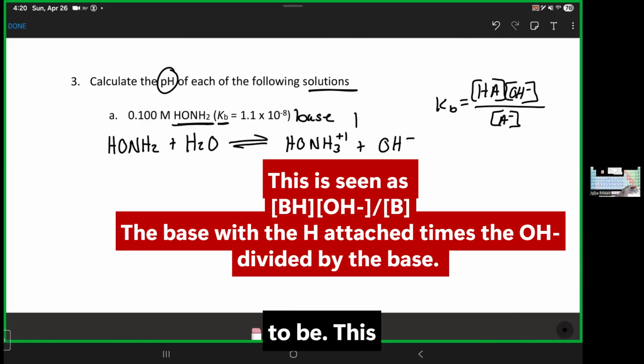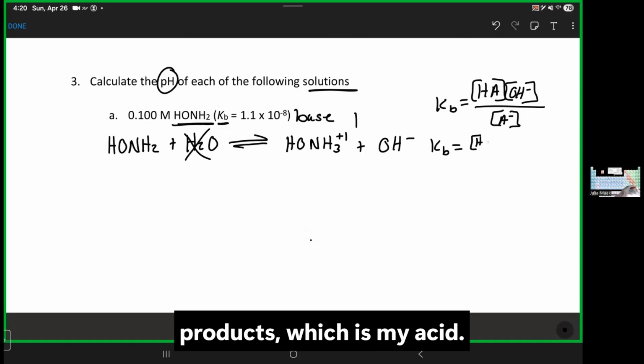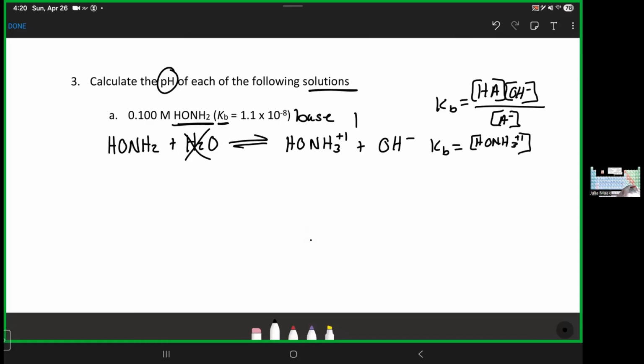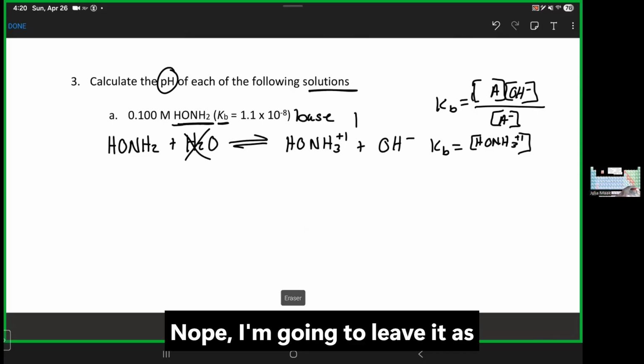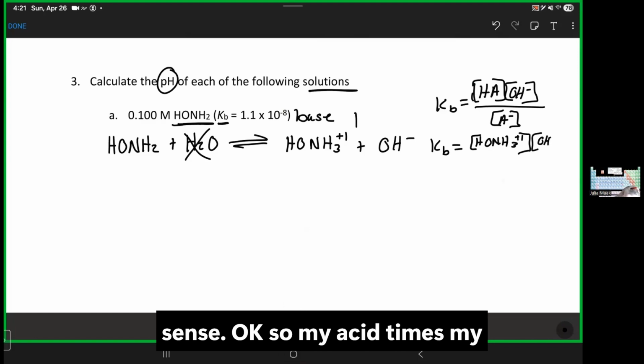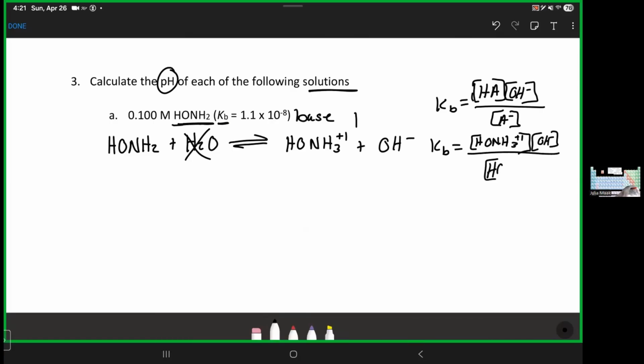So it's going to be my products, which is my acid, my conjugate acid. I'm going to leave it as an H, I just think it makes more sense. So my acid times my OH divided by that base.